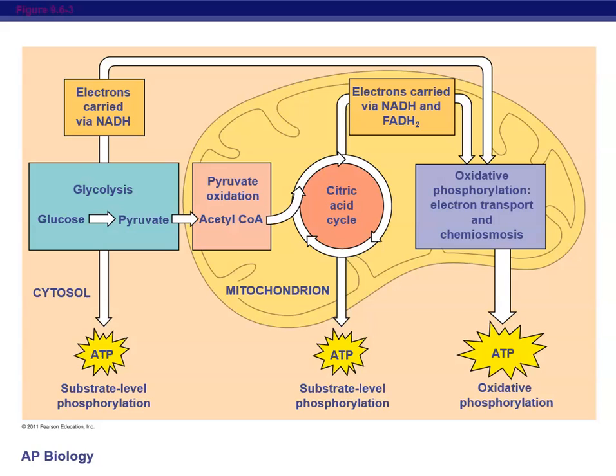Then finally, speaking of glycolysis, the role of glycolysis in both fermentation and cellular respiration has an evolutionary basis. Ancient prokaryotes are thought to have used glycolysis to make ATP long before oxygen was even present in Earth's atmosphere.